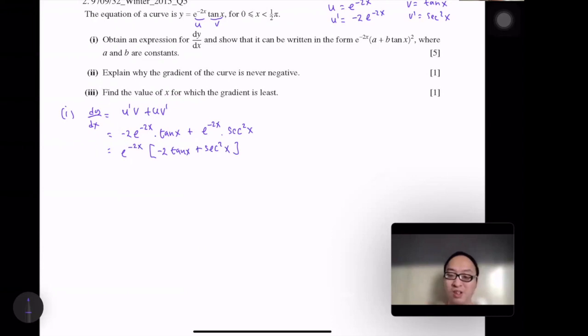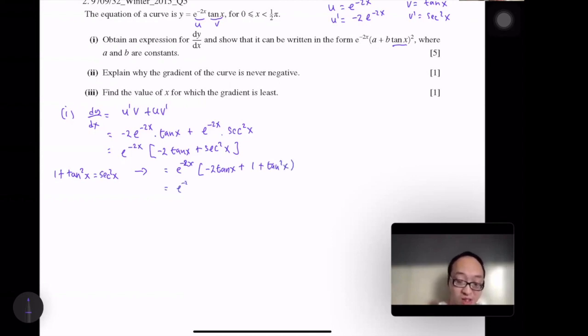Now, if we look at the form in the question, there is no secant there. So that's why we need to change the secant using the identity. What is the identity? We can use 1 plus tangent squared x equals secant squared x. So it leads us to e to the negative 2x times negative 2 tangent x plus 1 plus tangent squared x.